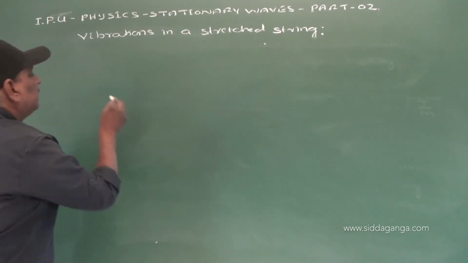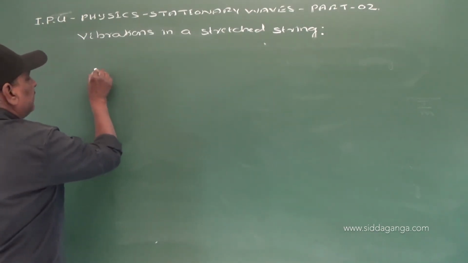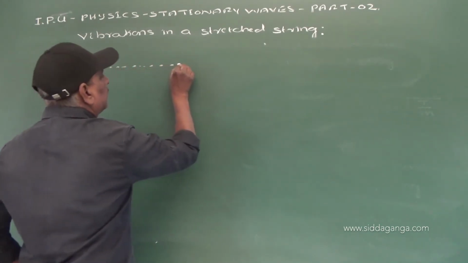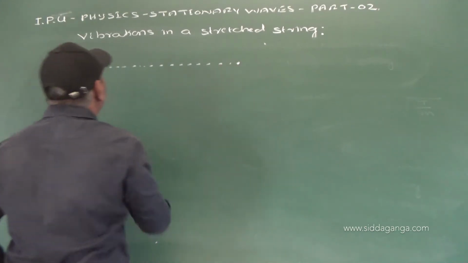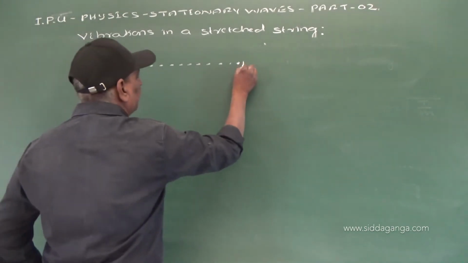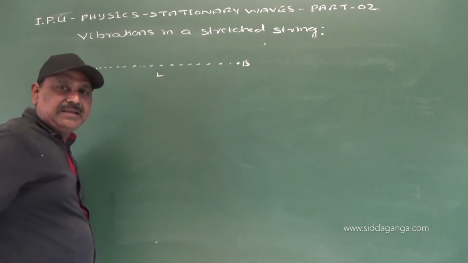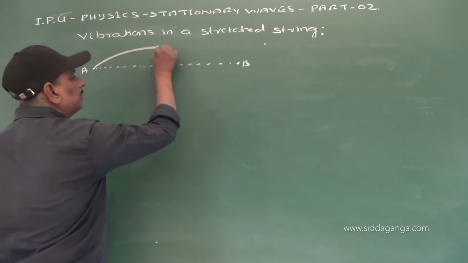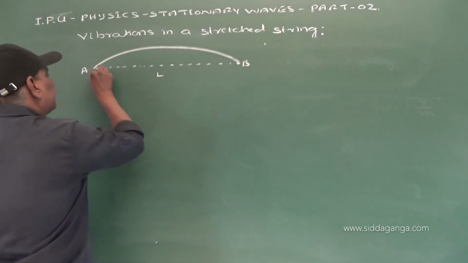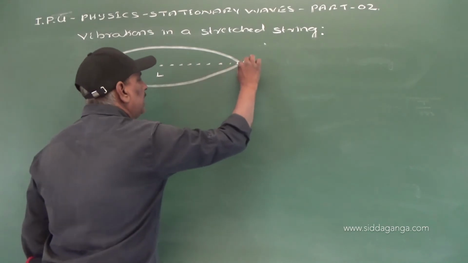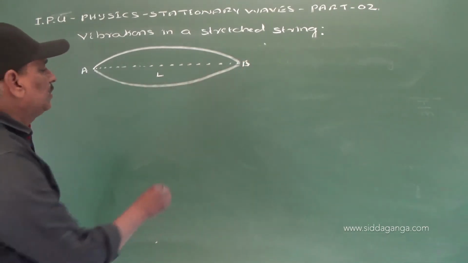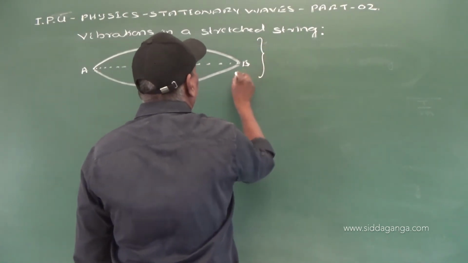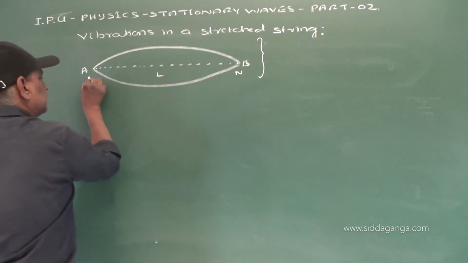Now take this string, A B, of length L with the tension T. When it is vibrating with one loop, here this is a node, this is a node.